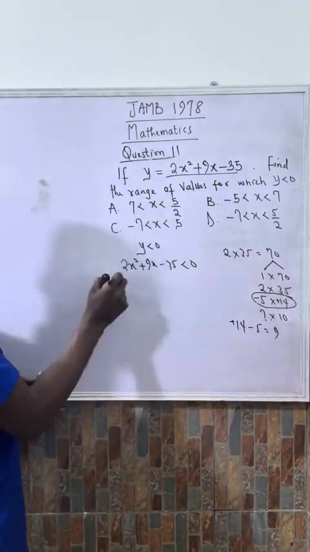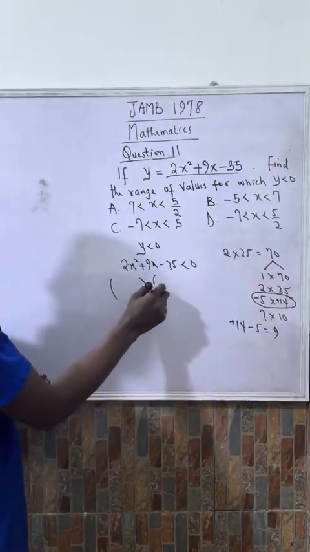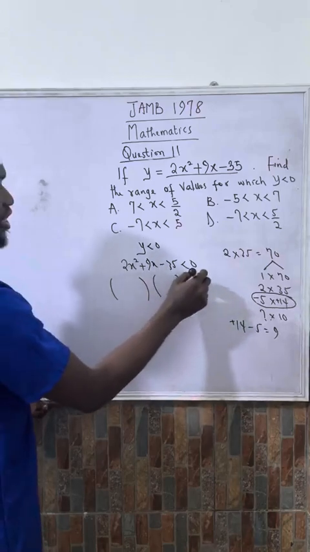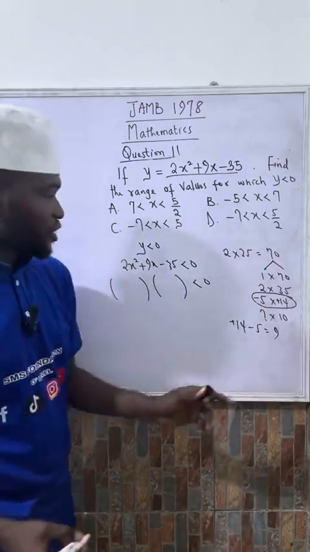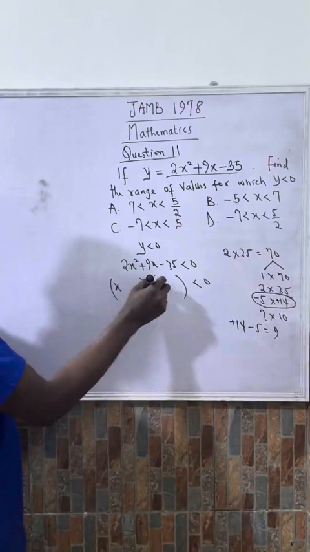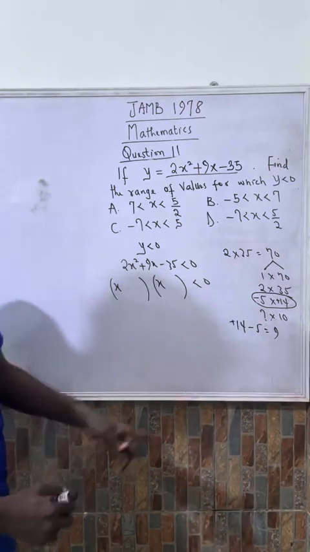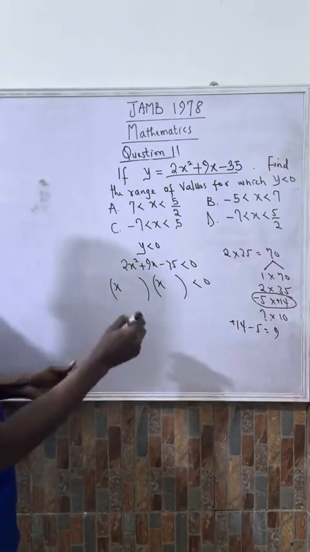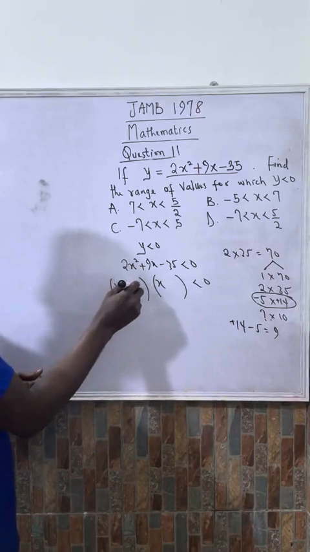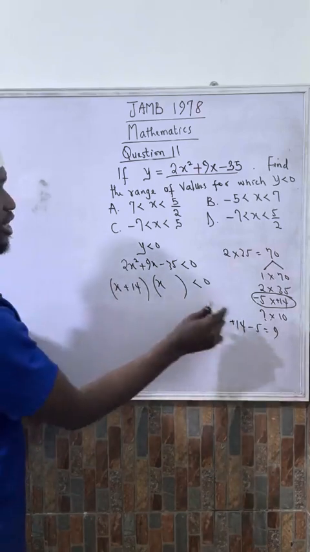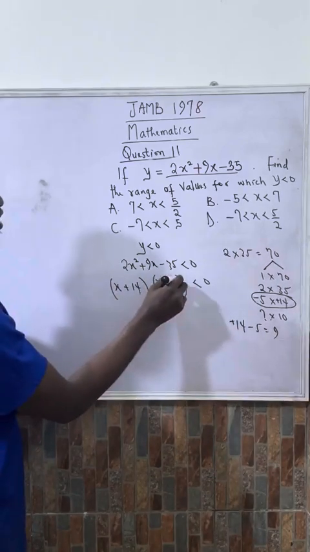Now, let me just open 2 brackets. You know this is less than 0. What I will do is put x, then I will add the first one, that's x plus 14, then I will subtract the second one, x minus 5.